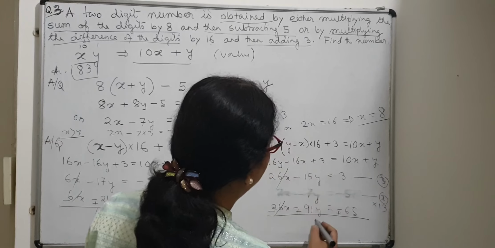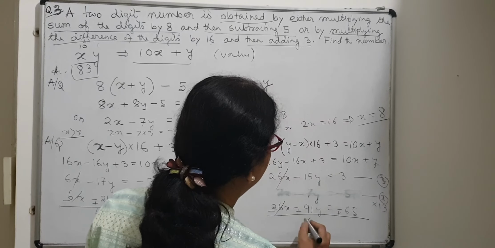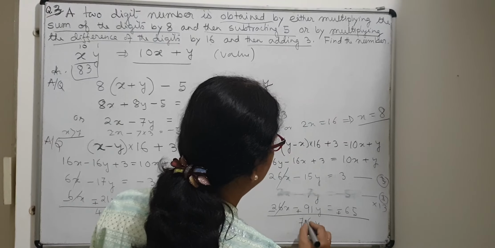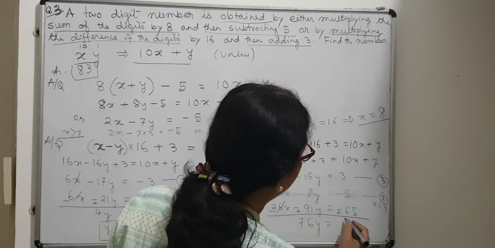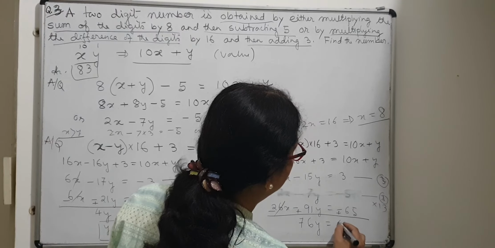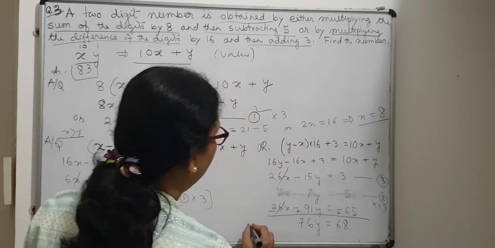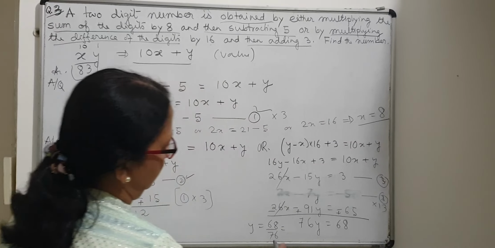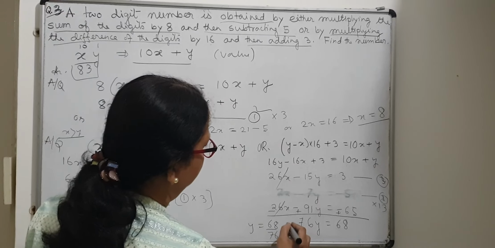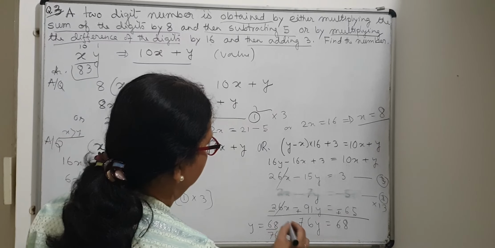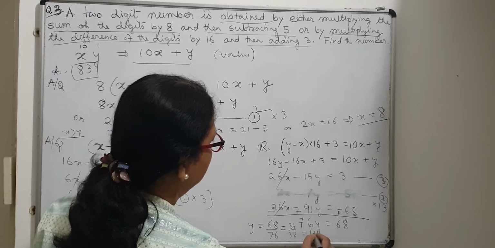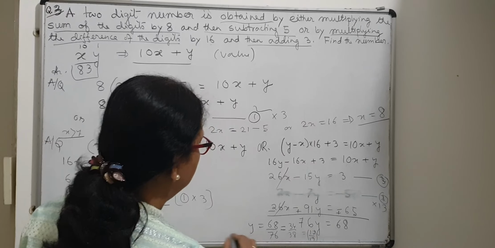So 91 minus 15, that is 76, y is equal to, this will also be added, it will become 68. So y becomes a fraction. 68 by 76, it is a fraction, 34 by 38, or it is equal to 17 by 19. So y becomes 17 by 19.